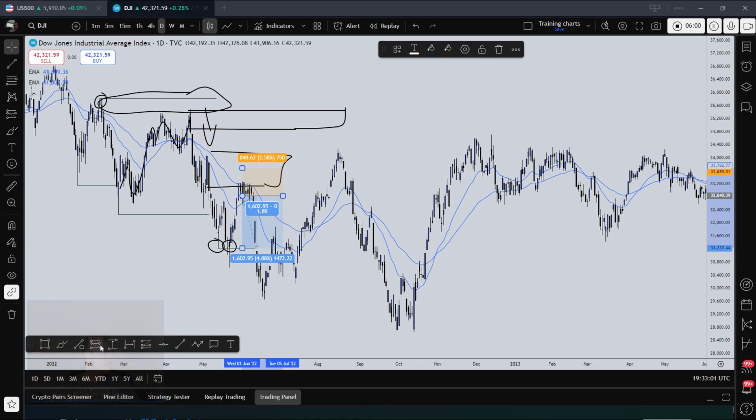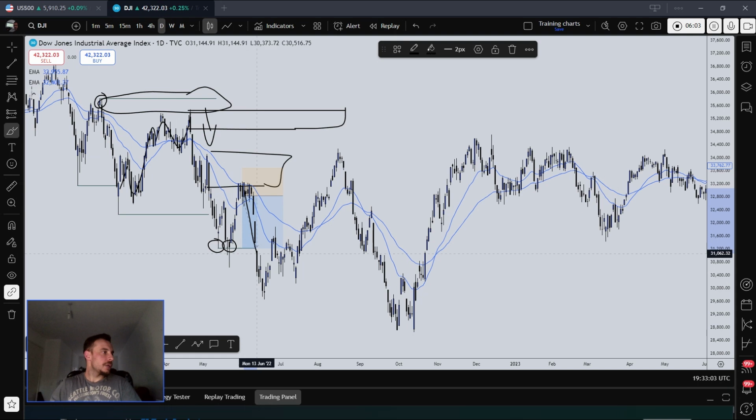Because what happens with the market is that sometimes the market reaches that lowest point, as we can see here, and then possibly reverses and breaks this lower high.